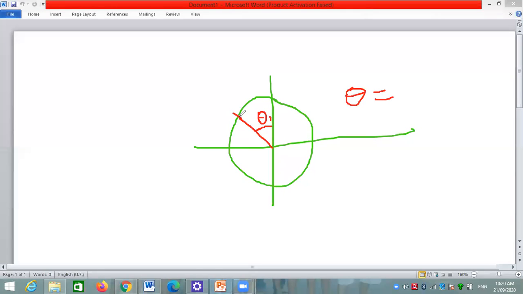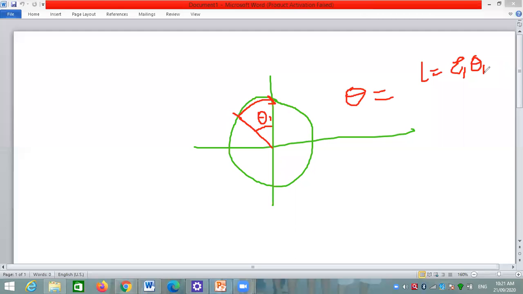We have to calculate this distance. This distance is equal to lead, and therefore lead is equal to r into theta. This is for a worm gear, therefore r is the radius of the worm gear and theta 1 is the angle.